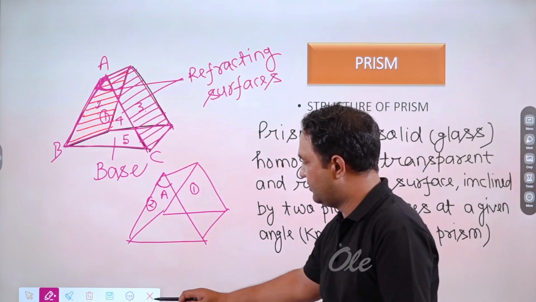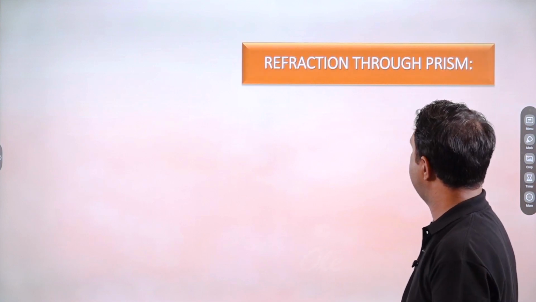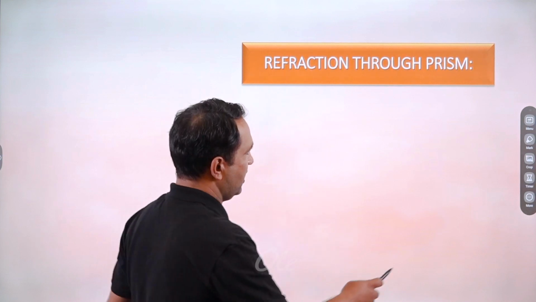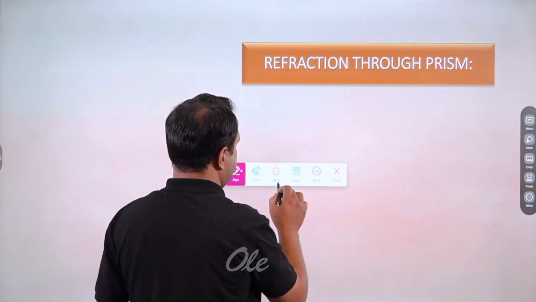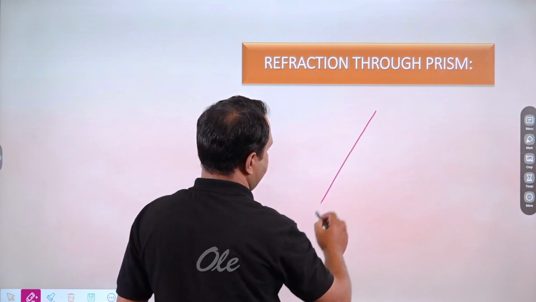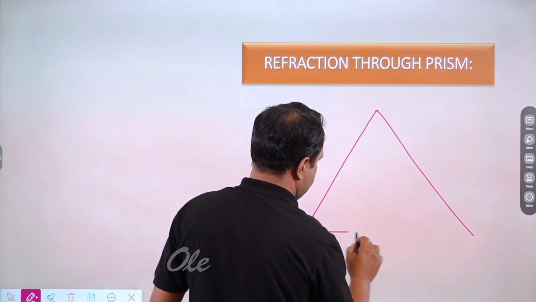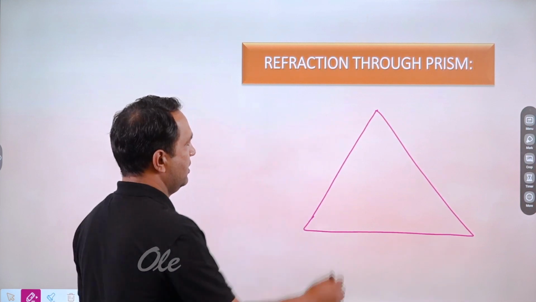Now we'll discuss the refraction through the prism. How does the refraction take place through a prism? Try to understand. We'll draw a prism here. Now we will take the 2D diagram only, the central part of a prism.